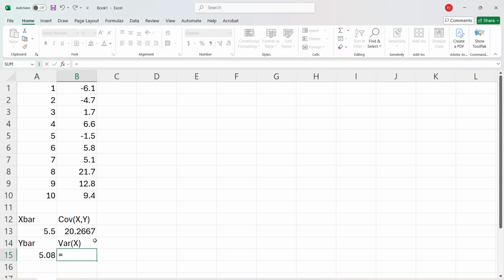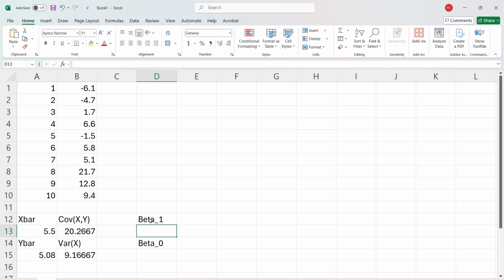So let's do the variance of x. I'll say equals variance.s, not x, s. So the sample variance, and it's going to be all of these, which are the x's, not the y's. Right, so there's the 9.1667, and then I'll make a box for beta 1 over here, and I'll make a box for beta 0 as well.